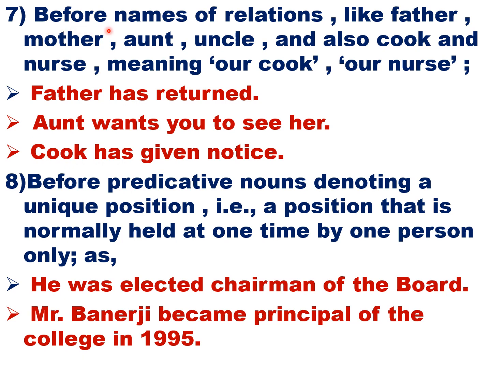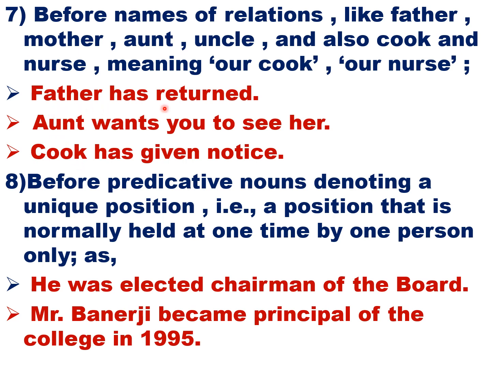We can omit the articles before names of relations. Father, mother, aunt, uncle are relationships, and we can omit the article before these relationships. Before cook and nurse also we can omit the article because cook and nurse refer to our cook and our nurse.